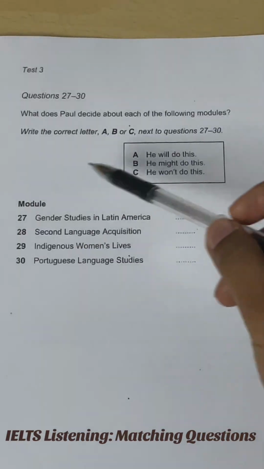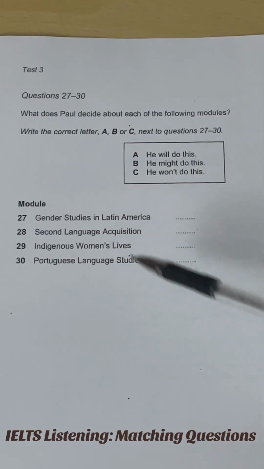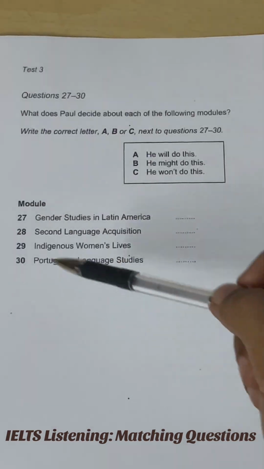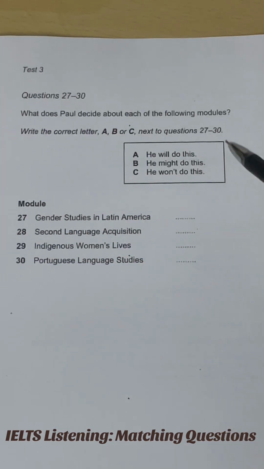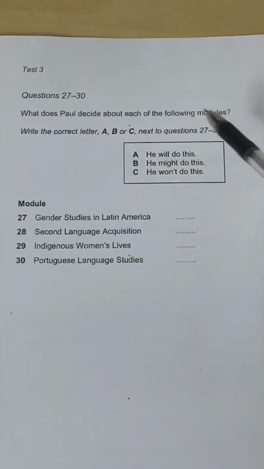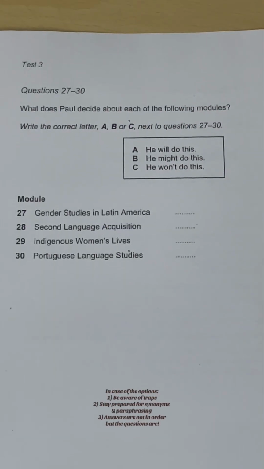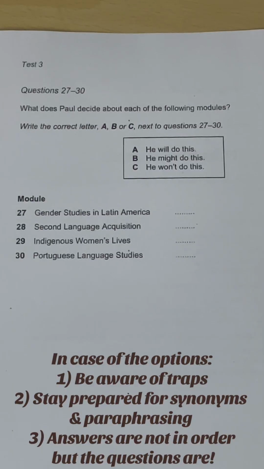Here you can see 4 questions from 27 to 30 and you can see options inside the box. In this type of questions, you have to match the question to one of these options, and these options are often paraphrased.